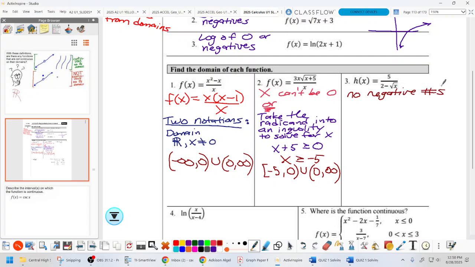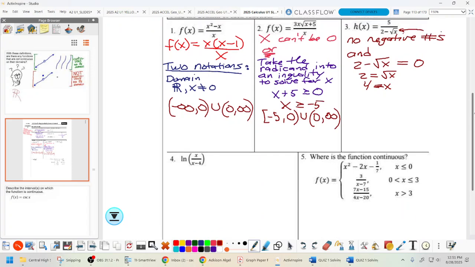And 4. Yeah, so also this denominator can't be 0, right? So that specifically excludes 4. And 2 minus root x can't be 0, so let's solve that. And we'll get 2 equals root x, or x equals 4. So that's the other domain restriction.